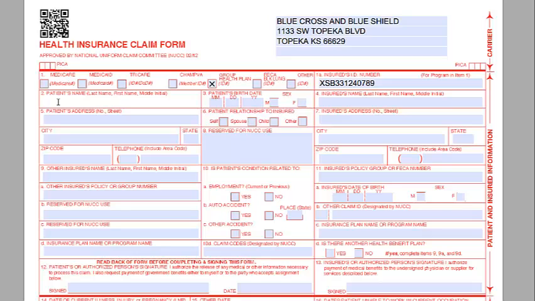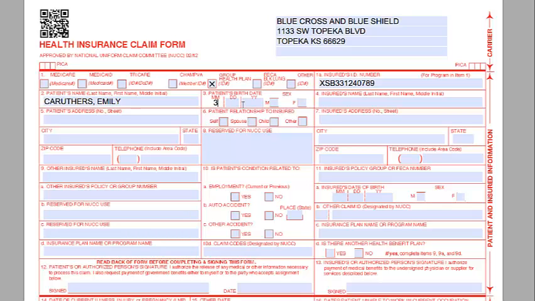When we put in names, the patient's name or the insured's name, we always put in the last name first. We place a comma, and then we put in the first name. Item number 3 is the patient's date of birth. If the patient and the insured are the same, I'm going to leave item number 3 blank because I'll be entering that information into item number 11A.